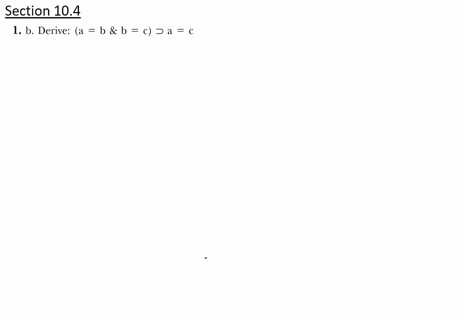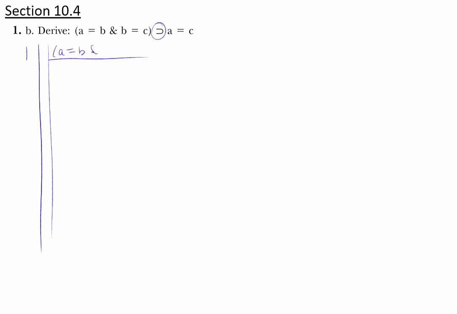And we're asked to derive the theorem that A equals B and B equals C implies that A equals C. And so, straightforwardly, since we have a conditional, it makes sense for us to start by assuming the antecedent with the intention of eventually introducing the conditional.